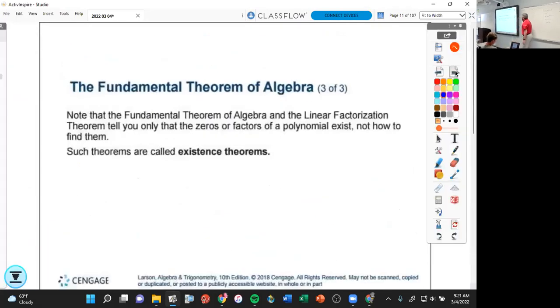The fundamental theorem of algebra and the linear factorization theorem tell you only that zeros or factors of polynomials exist. It doesn't tell you how to find them. If I have a 5th degree polynomial, it has how many zeros? 5. Do you know what they are? No. All this tells me is how many there are.